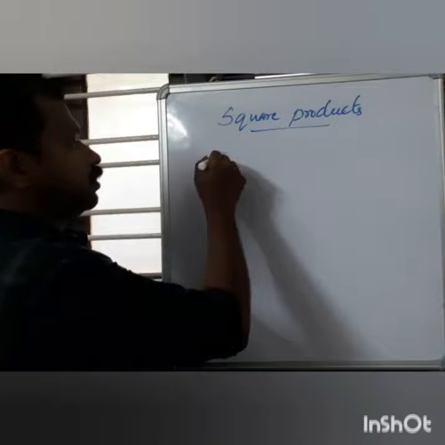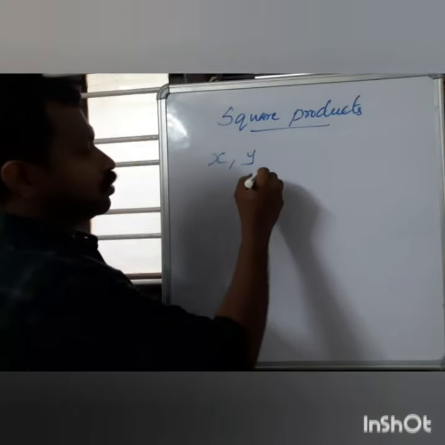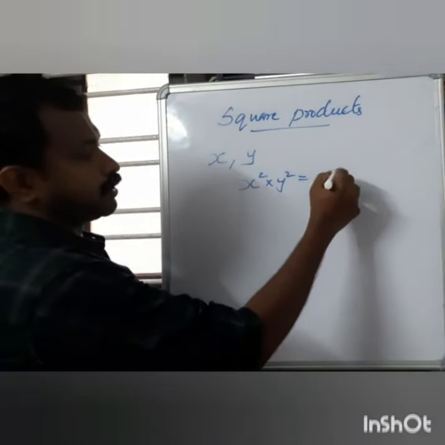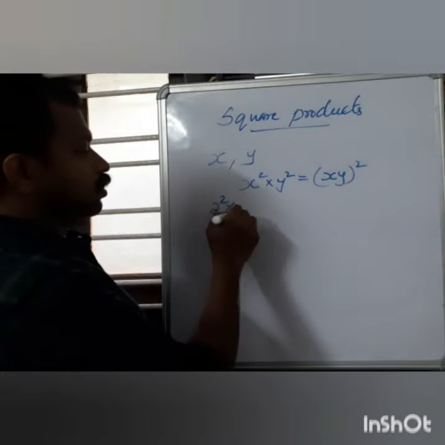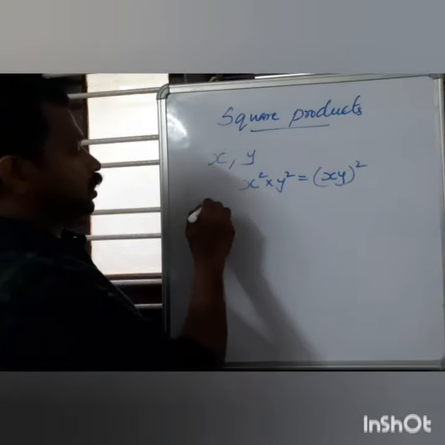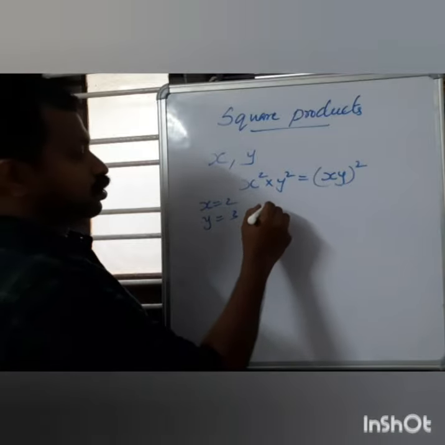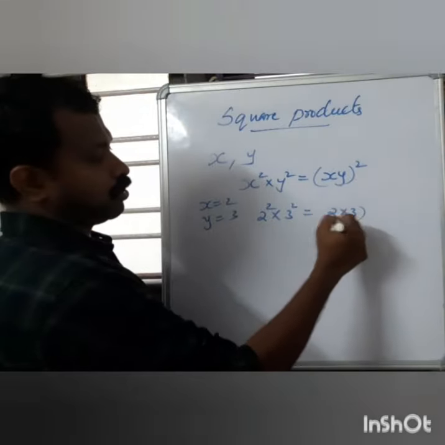X and y are two numbers. x square into y square we can write as xy whole square. So 2 square into 3 square: x you can take as 2, y you can take as 3. That is 2 square into 3 square is 2 into 3 whole square.